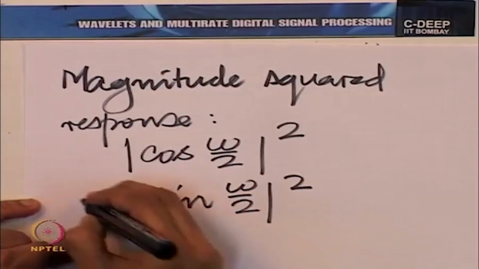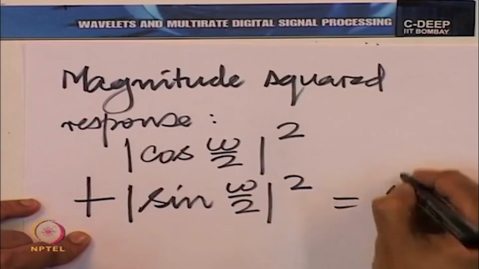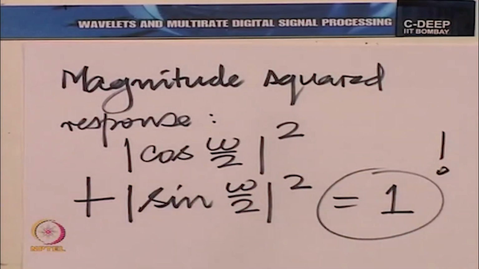And lo and behold, when you add these you get 1 as well. That is a very, very interesting observation. Not only does it happen that when you add the two responses together, you literally took 1 plus Z inverse by 2 and 1 minus Z inverse by 2, the actual frequency response is irrespective of Z. In fact, you did not even need to substitute Z equal to e raised to the power j omega. You just added the system functions together and you got 1.